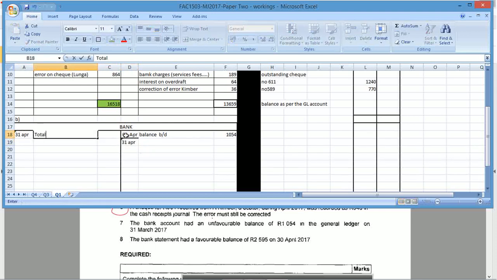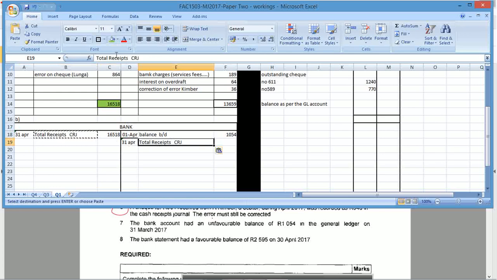Because journals are posted at month end. Total receipts, CRJ, amounts, there's it. Okay, then total payments, correct, decreases the bank, you're right, CPJ. Okay, there's the total there.